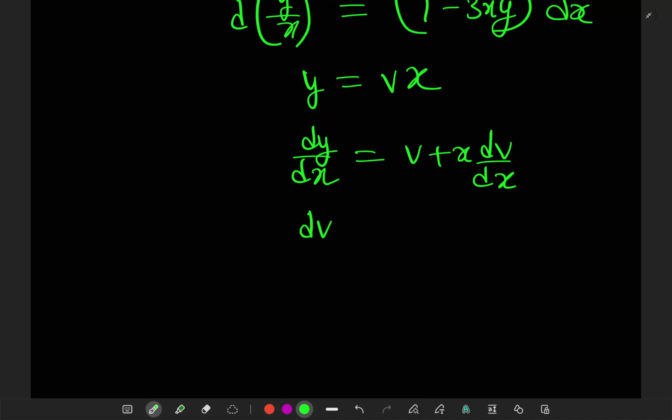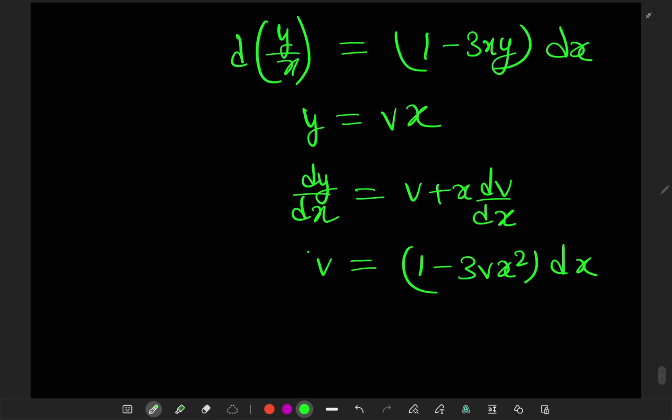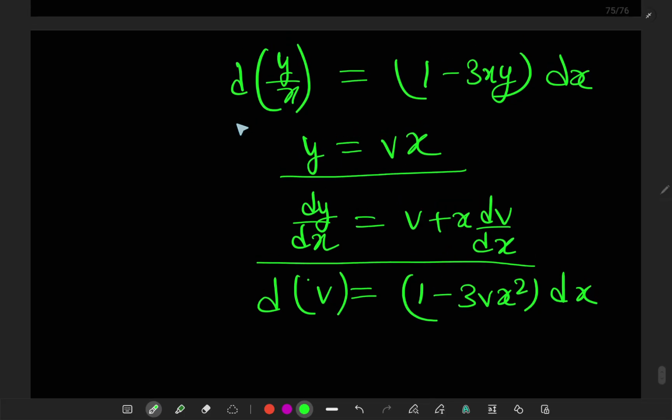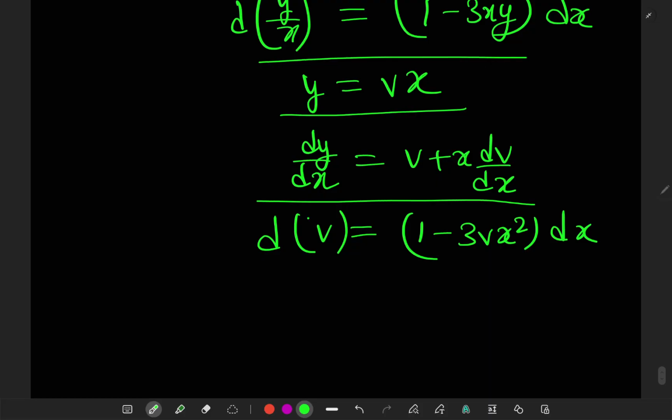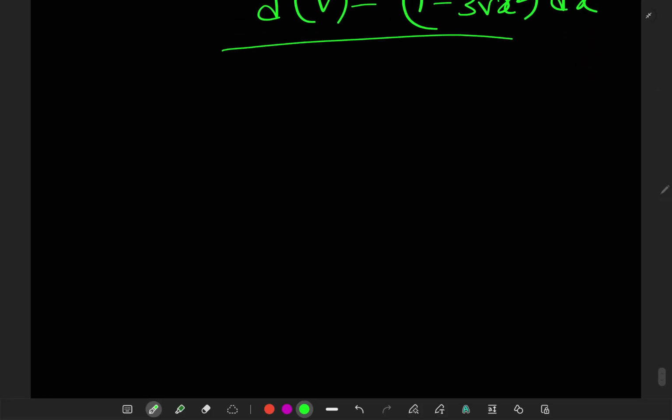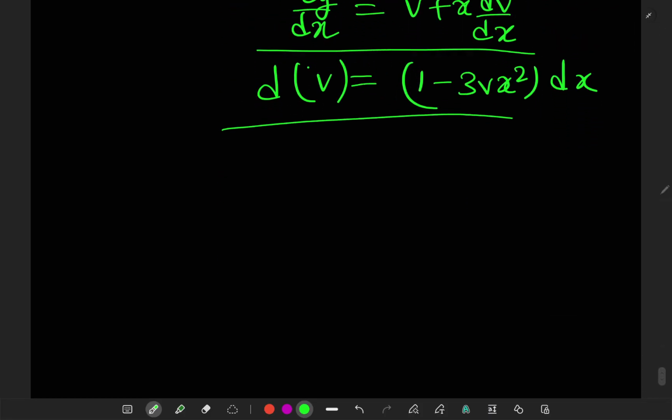Here dv is equal to 1 minus 3vx square dx. We put this equation and this in this equation, we get this. Now we can write here dv over dx is equal to 1 minus 3vx square.